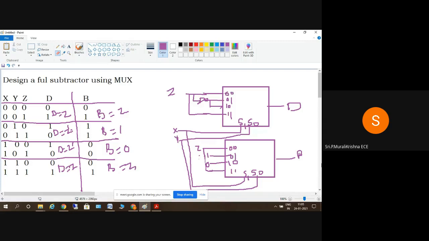Clear? Yes, sir. So any doubts in this concept? Any doubts, please let me know.